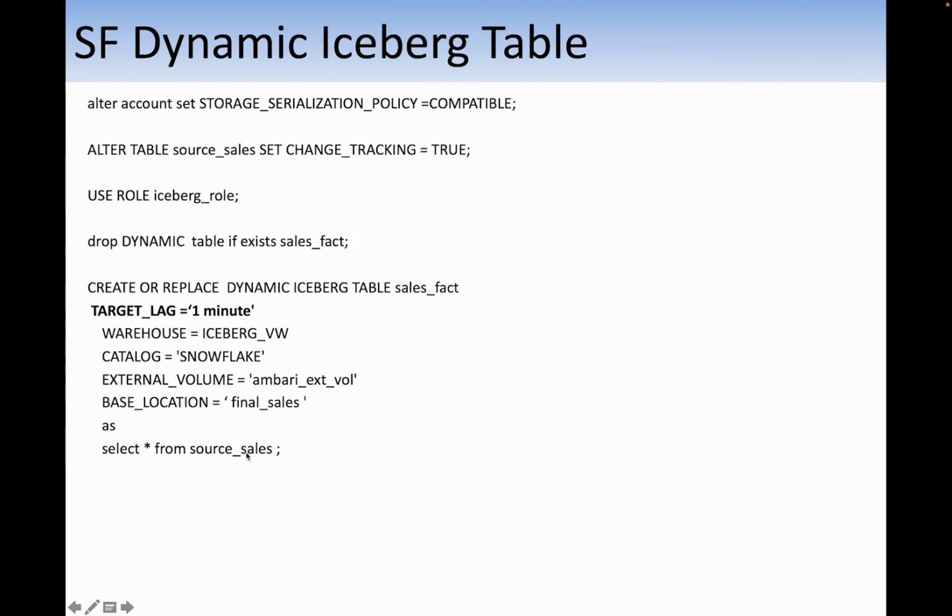You want to convert this table eventually into an Iceberg table, and then as the data continuously comes in, once the data is done, your source sales table is converted into a sales fact table, which is an Iceberg table. Later, you convert this one, instead of dynamic, into a Snowflake Iceberg catalog table. Then you can drop this source table.